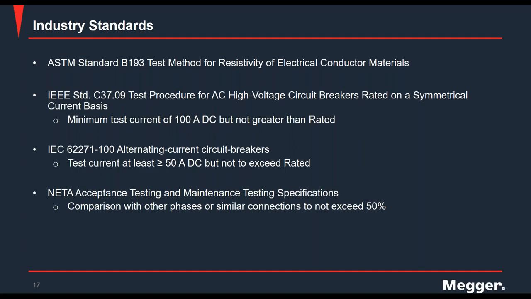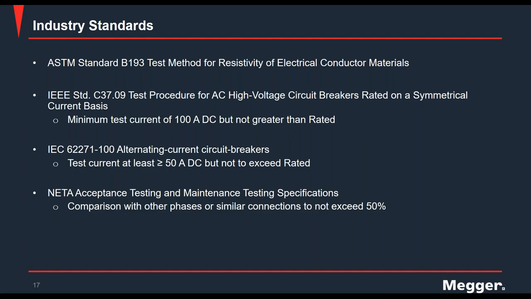The NETA specification talks about comparing your measurement with other phases or similar connections, and those comparisons should not exceed 50%. What I mean by that is, for example, you're testing phase A on a motor termination cabinet, and that resistance value is, let's say, 100 microohms.